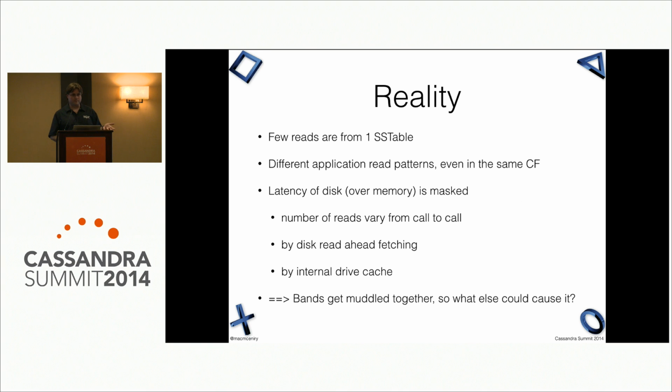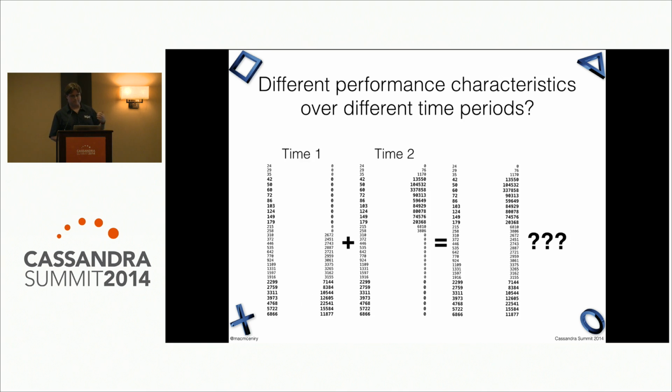So if they're getting muddled together, what are the other places we can come from? Well, one of the problems you see with histograms is the sum of two histograms is just another histogram. And once you get that sum, you have no idea what the actual individual contributors were.